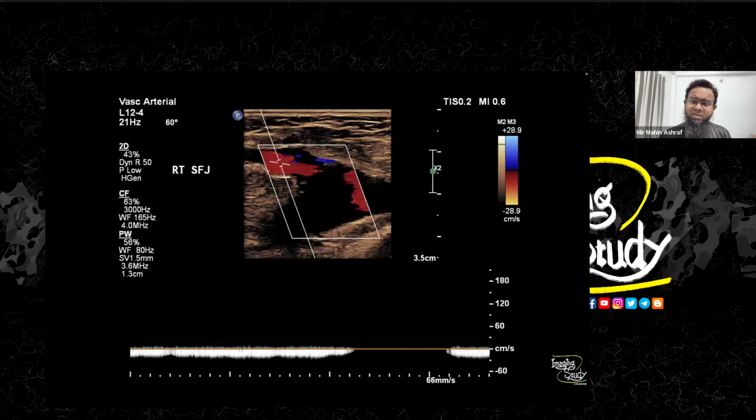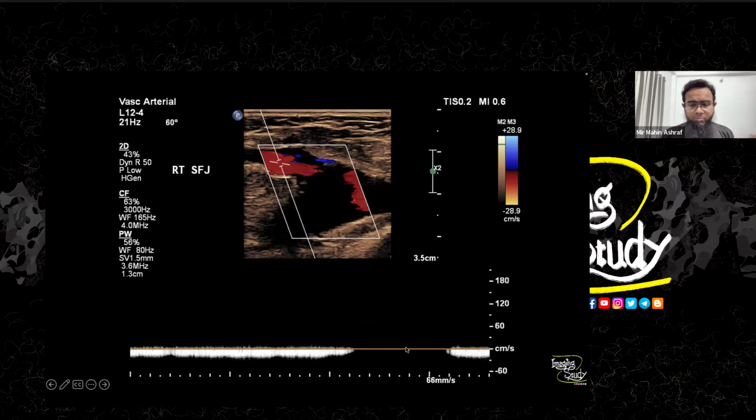Here is a monophasic wave pattern which we have taken from the saphenofemoral junction, and you can see these venous waves. It changes with time due to the respiration, which is called the respirophasic pattern.